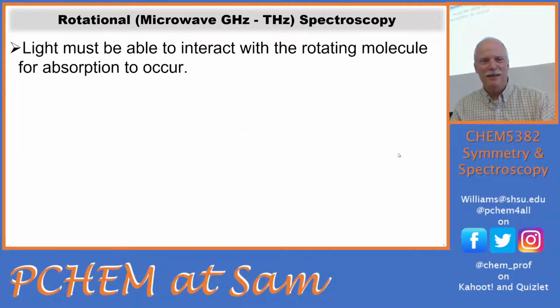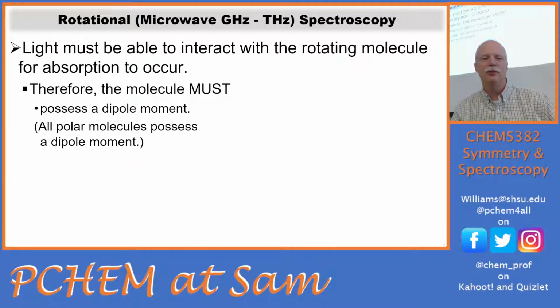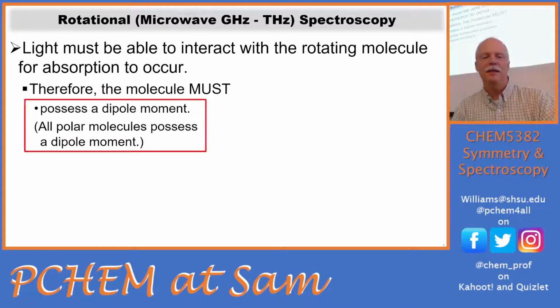So light must be able to interact with that rotating molecule for absorption to occur. Therefore, in the gas phase, that molecule must possess a dipole moment. And all polar molecules possess those dipole moments. So we're going to need those skills that we have of VSEPR shapes, right? Drawing out a VSEPR shape and knowing if it's polar or nonpolar.